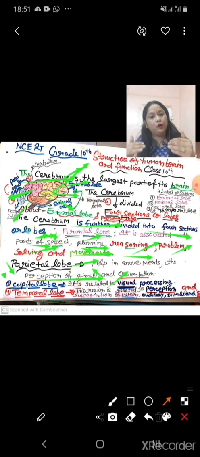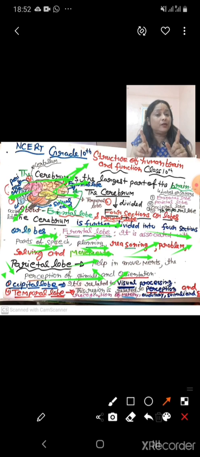These activities in our daily life are governed by the occipital lobe.